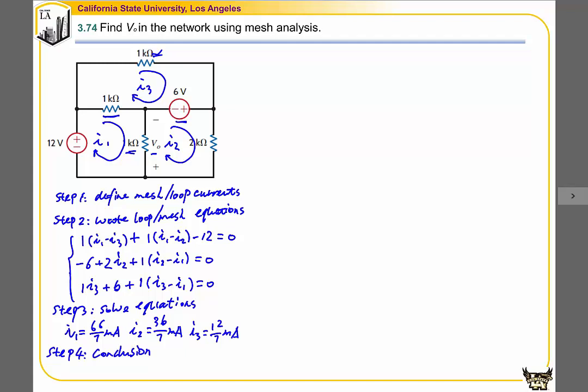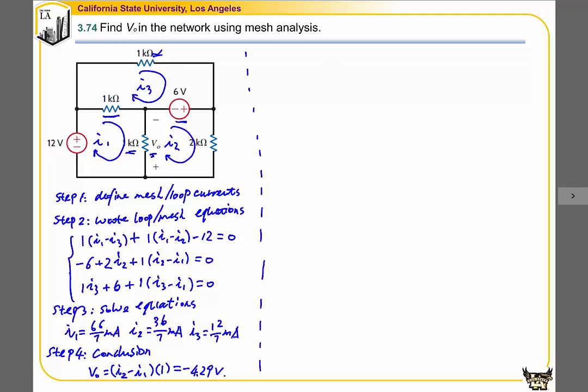In this problem, we look for V0. V0 can be obtained by using Ohm's law. So V0 is equal to (I2 minus I1) times the resistance of the resistor, that is 1K. So that gives us negative 4.29 volts.